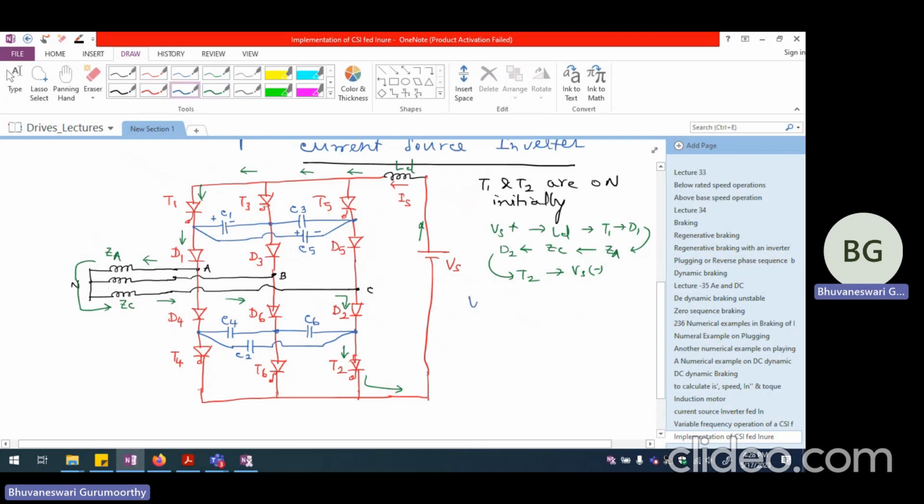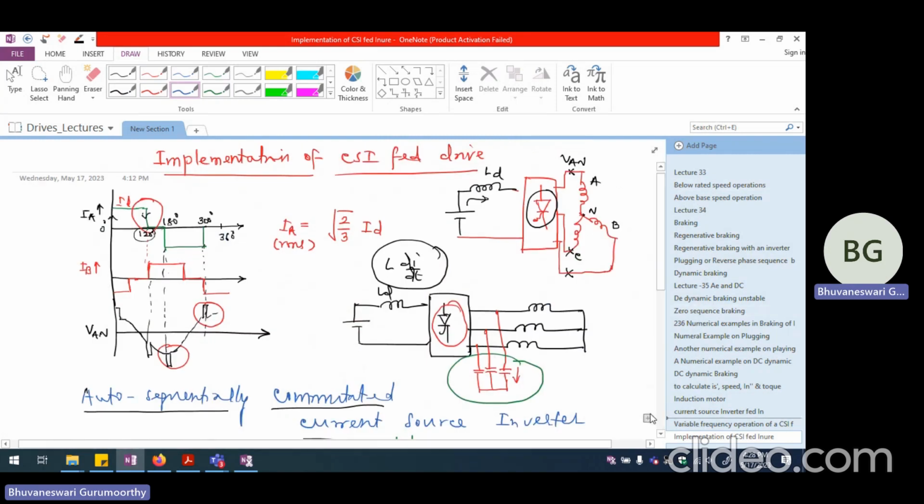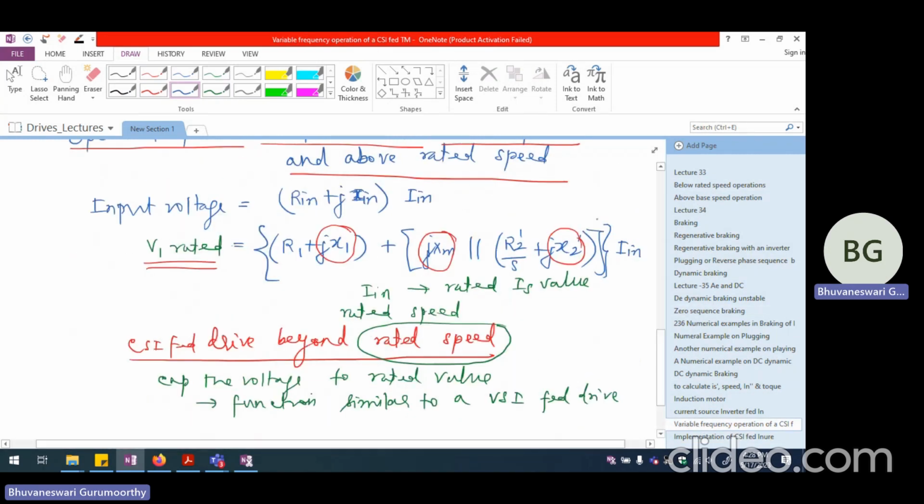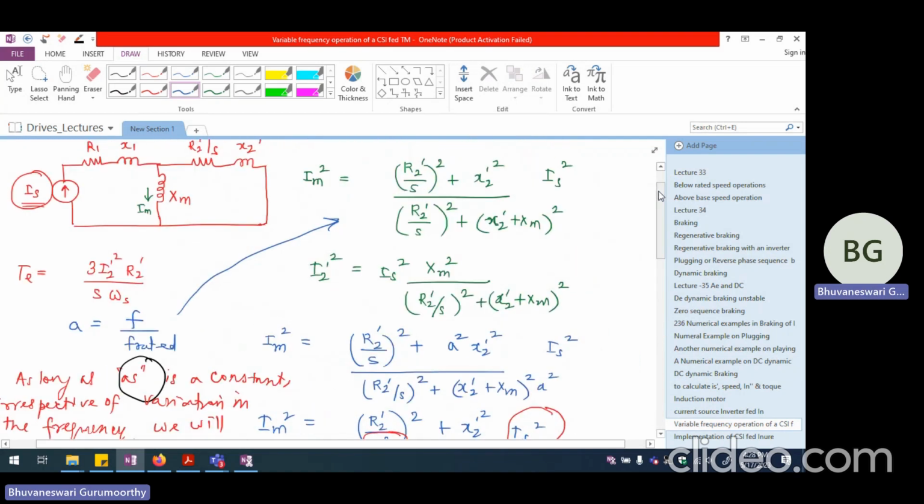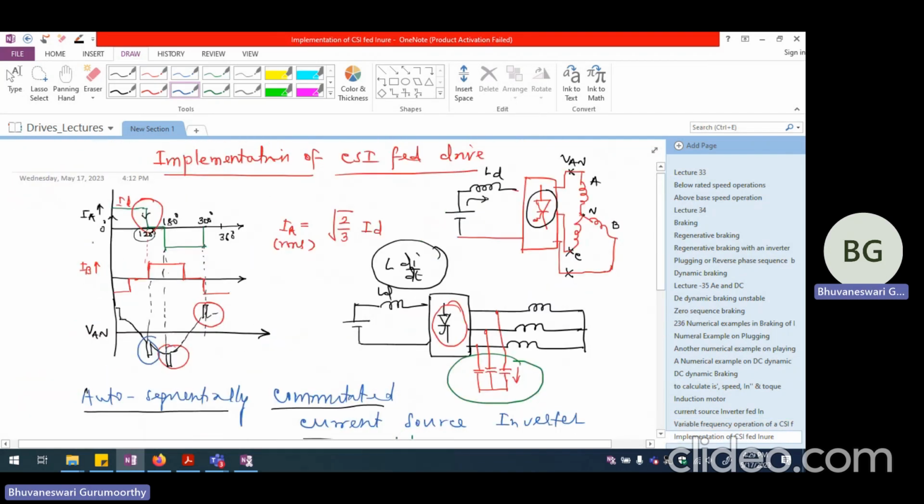Now, when I want to commutate T1 and want to fire T3, so when T3 is fired at the end of 120 degrees. If you look at the waveform we drew in the previous slide, we said that from 0 degree to 120 degree, we are going to see A phase carrying the current.